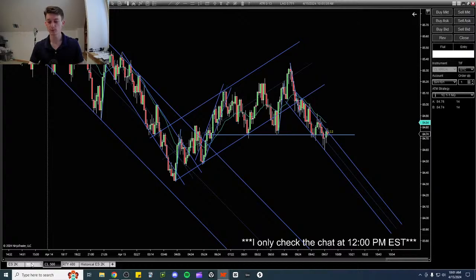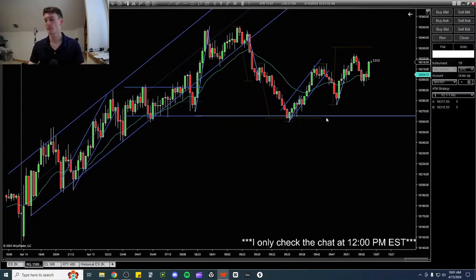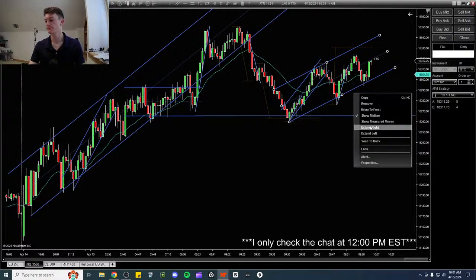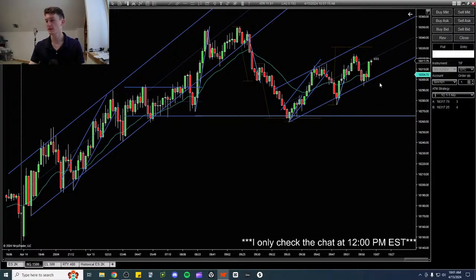On the YM, there's the possibility of some sort of uptrend like this. It's pretty uncertain at this point. I'm going to draw it just in case, but definitely not sure about that. It just has 3 touches.